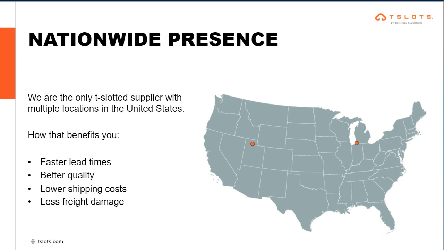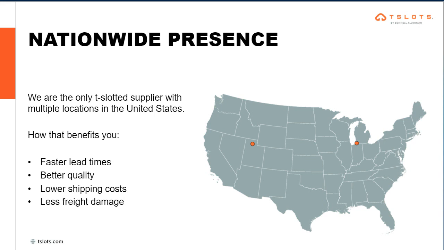So when COVID first hit, the price of diesel shot up. There was a shortage of truck drivers. LTL and small package shipping doubled in price. And for a lot of you, the shipping cost matters. We're talking about pennies. We're talking about hundreds of dollars a lot of times.